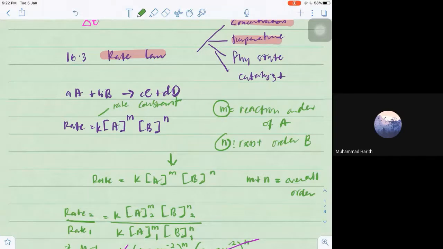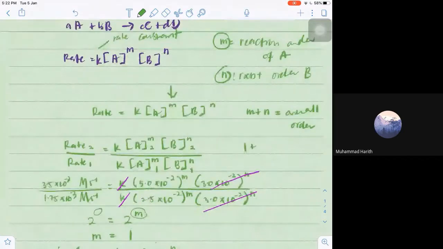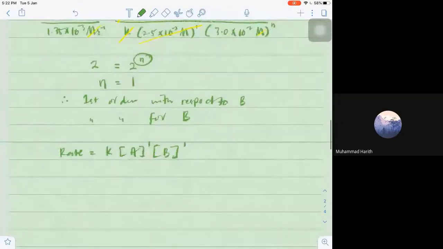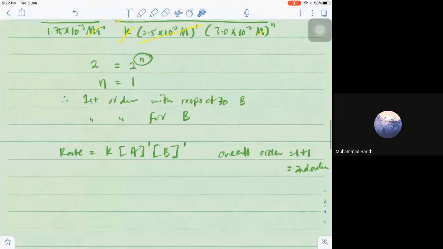Since M is 1 and N is 1, it is equal to 2, meaning the overall order of this reaction of A and B is second order.